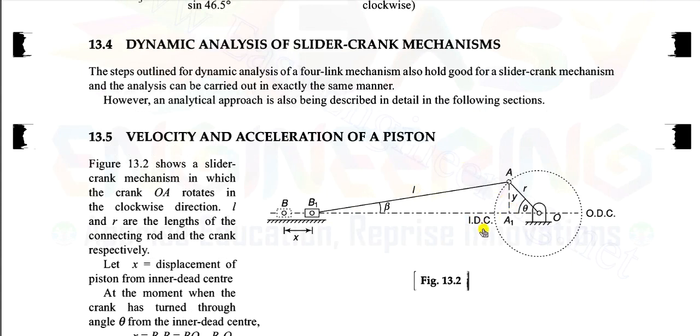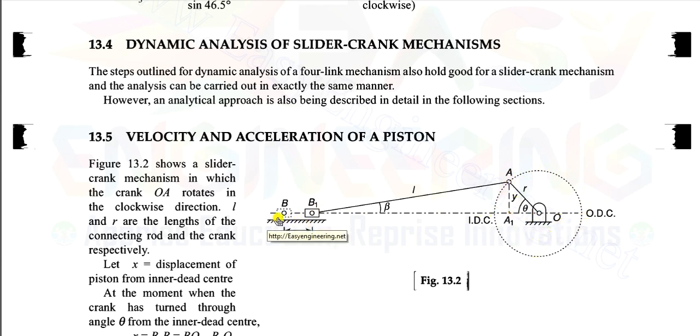In a double acting steam engine, what is the difference? For example, this is the initial position. In one revolution, how many strokes will there be? In a four stroke engine, the story is different. But here, for example, the A position is at IDC, and this crank takes 1 turn, meaning 1 revolution.